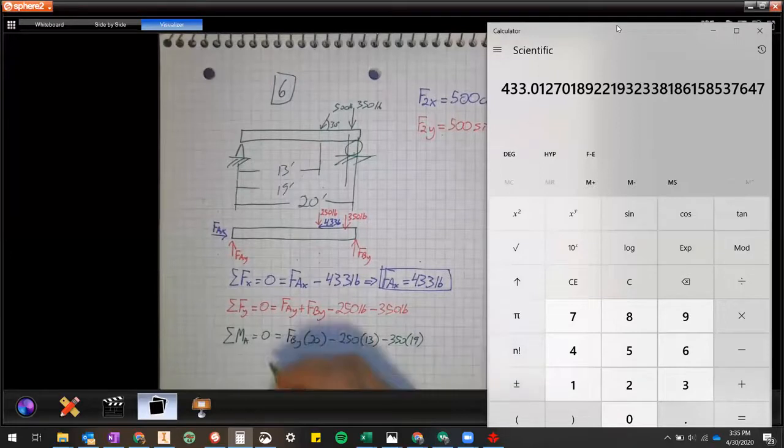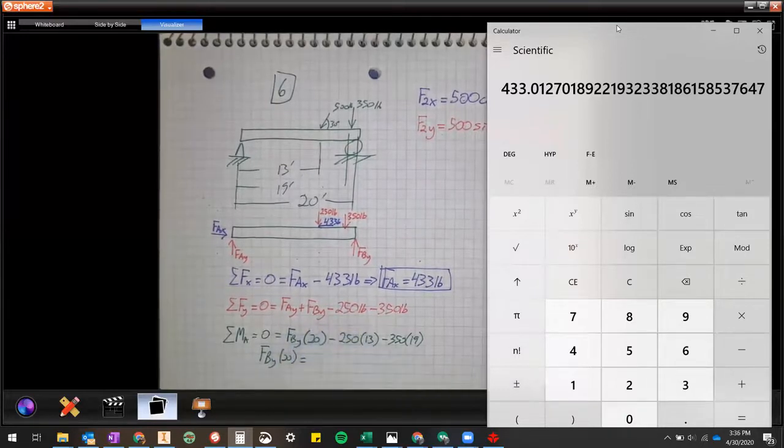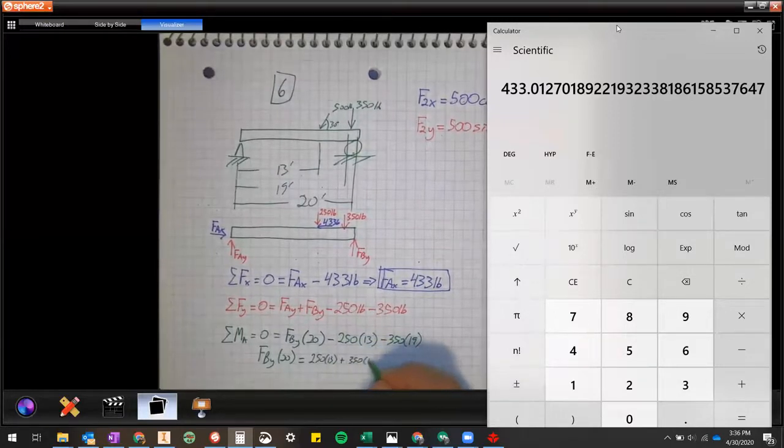Okay, so FBY times 20 is going to be equal to, again, I'll move these from side to side. So if this is 0 over here, all of this part would get added over here. So I'd have 250 times 13 plus 350 times 19.